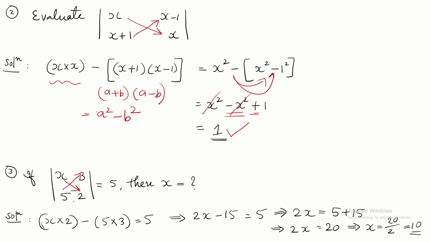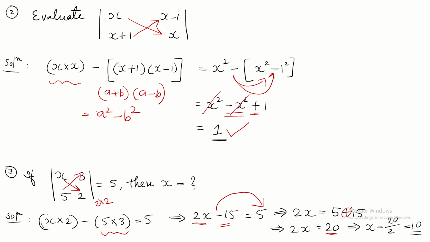This is how you find the determinant because it is a 2 by 2 matrix, 2 rows, 2 columns. X into 2 is 2x, minus 5 into 3 is 15. That is equal to 5. So minus 15, when it comes to the right side, is plus 15. So that will be 20.